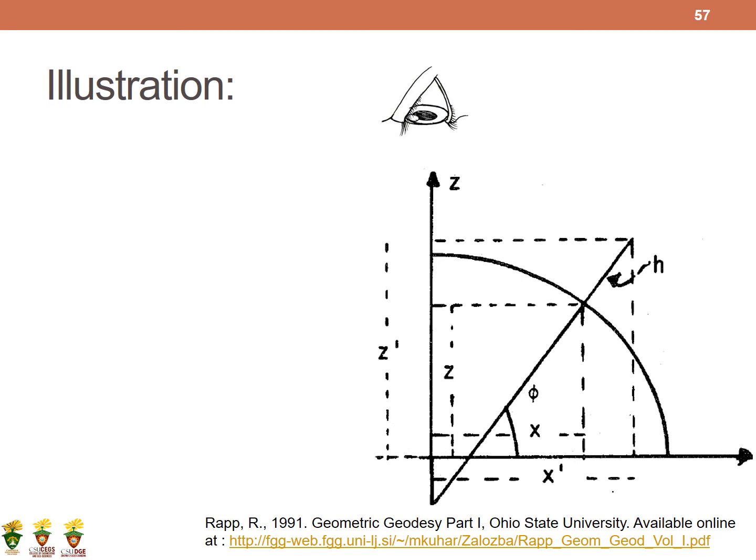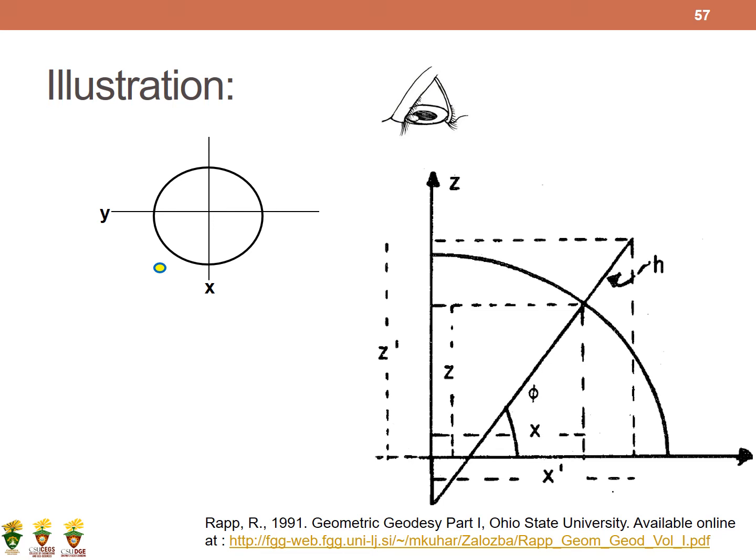Now if we look from above, let's put our eye above the North Pole. We can say this is the x-axis, and this is the y-axis, and the z-axis points toward your eye.